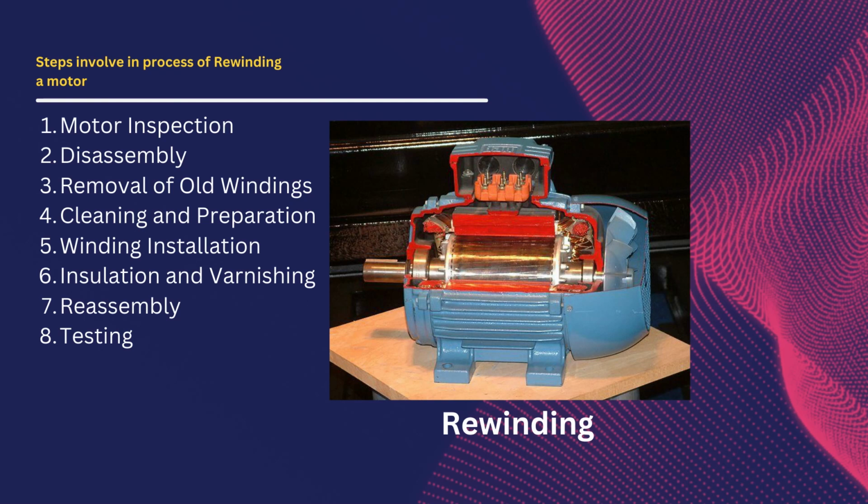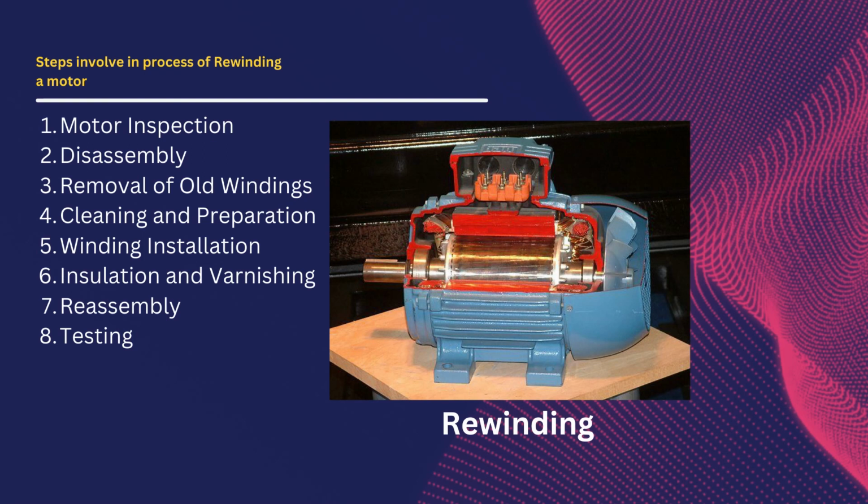The stator or rotor core and the slots are cleaned and prepared for the installation of new windings. Any remnants of old insulation are removed and the core is inspected for any signs of damage.